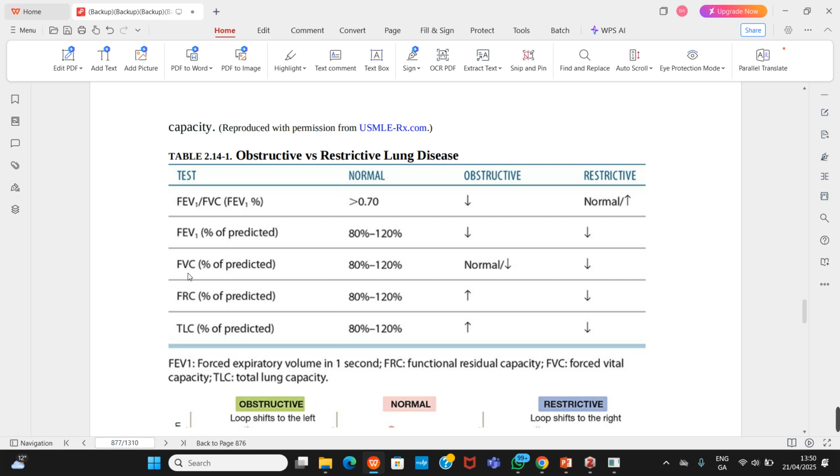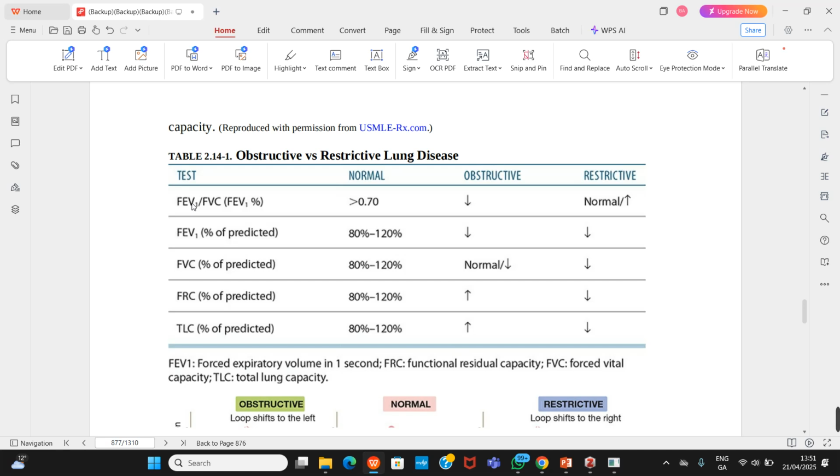So forced vital capacity might be normal or might be reduced in obstructive. So that is why the ratio is always going to be less than 70, because the numerator is usually lower. It is always lower. So definitely that ratio is going to be less than 70.